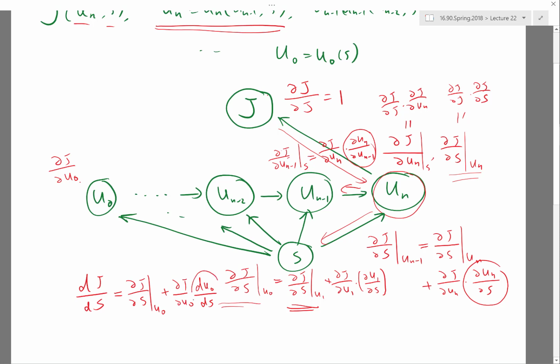And this is the very last partial derivative of a component in the calculation. So this is the procedure that computes dj ds.